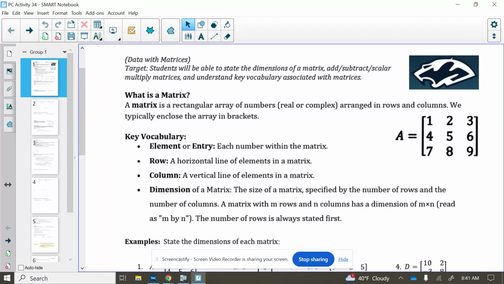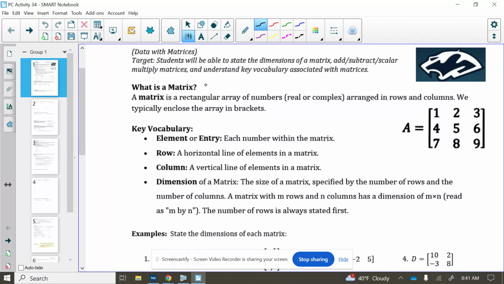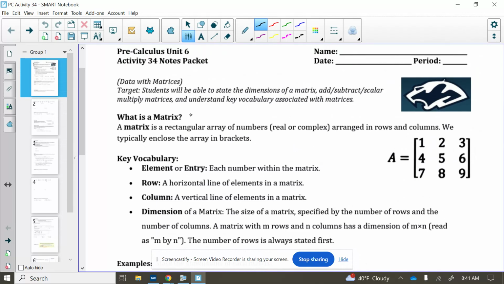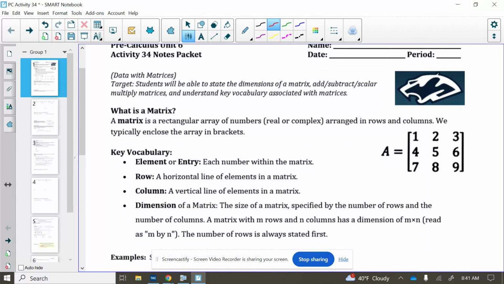So notice we name the overall matrix with an uppercase letter. In this case, our matrix is named A, versus when we have a particular entry, that's going to be a lowercase letter.